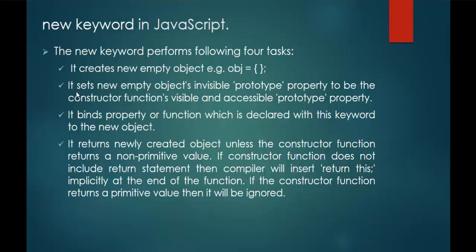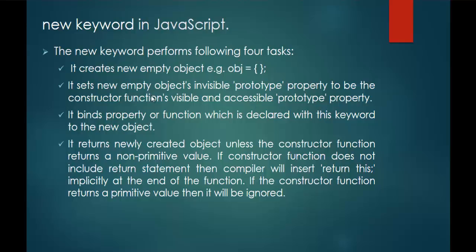In the second step, it sets this new empty object's invisible prototype property. This empty object will have an invisible prototype property, and it sets that to be the constructor function's visible and accessible prototype property.